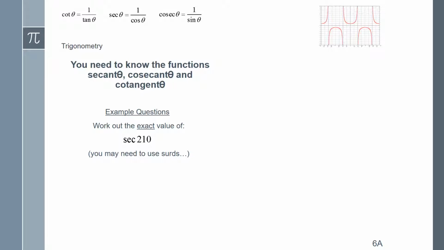Work out the exact value. When you see exact, you are thinking thirds, you are thinking fractions, you are not thinking decimals, and you are not thinking calculators. So sec 210 is 1 over cos 210.